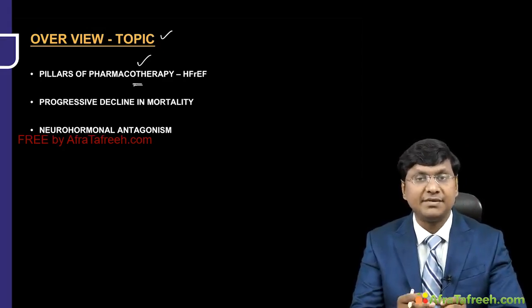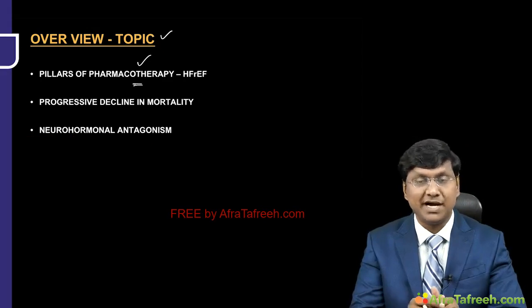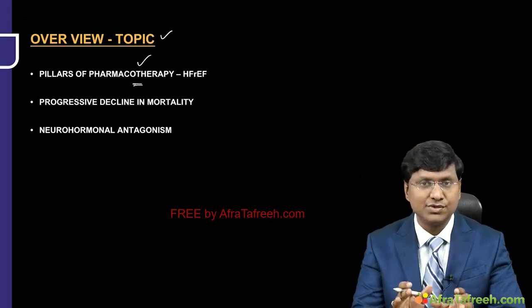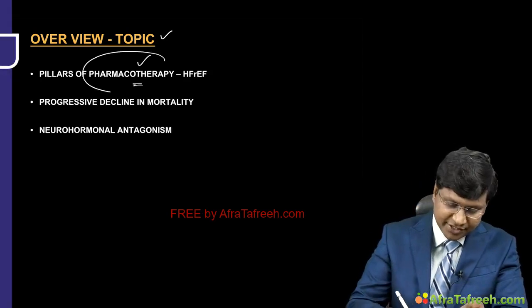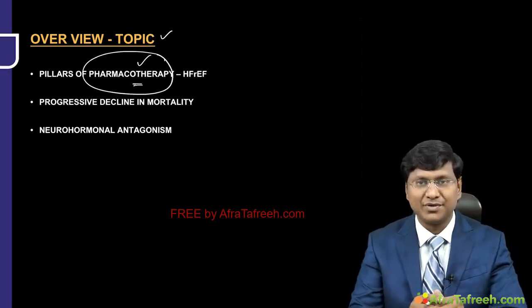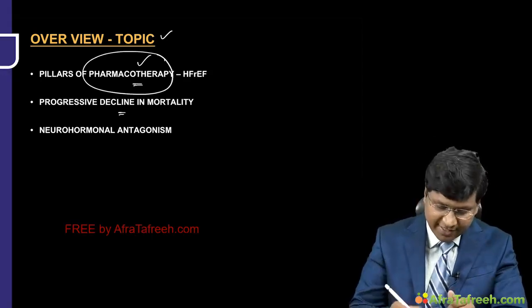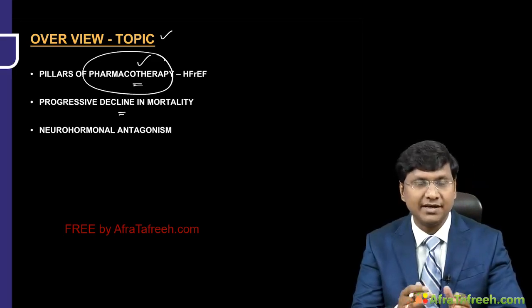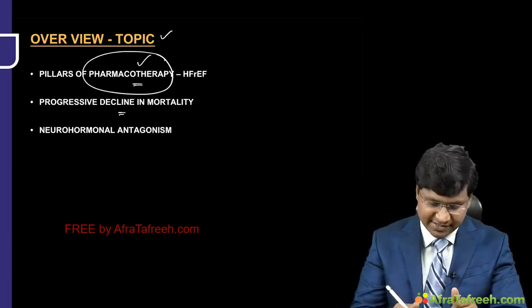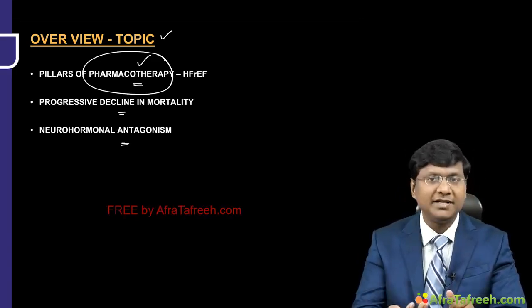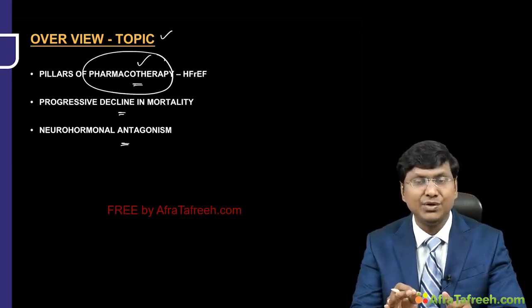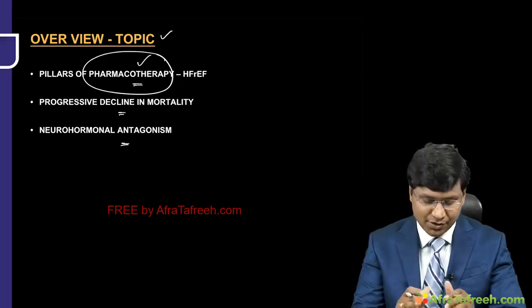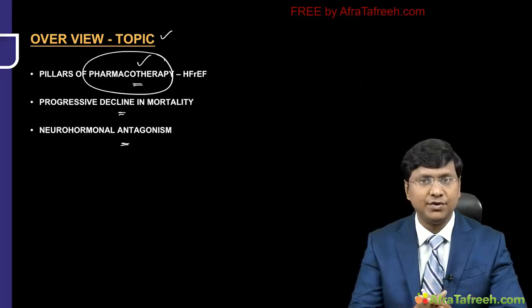In this particular session, I'll confine my discussion only to the pharmacotherapy. Then I'll be discussing the progressive decline in mortality with pharmacotherapy, and what that pharmacotherapy is. That is mainly neurohormonal antagonism. So this will be the overview of the topic.